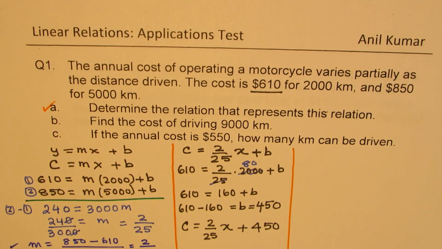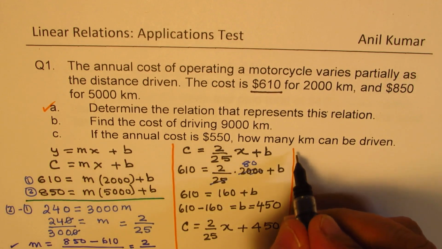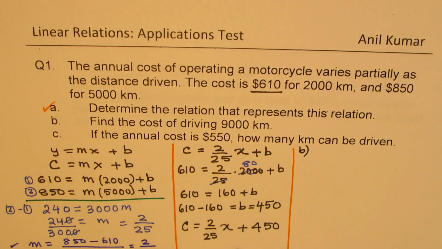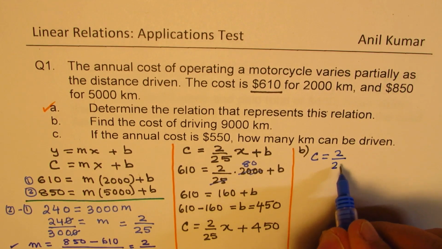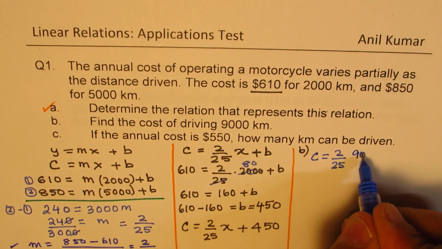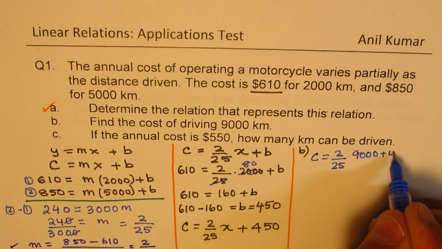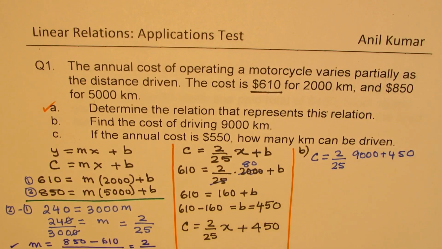Now part B is find the cost of driving 9,000 kilometers. For part B, we'll substitute 9,000 for x, which is kilometers. C is the cost. So we get 2 over 25 times 9,000 plus 450, correct?